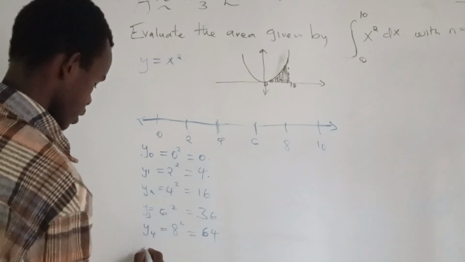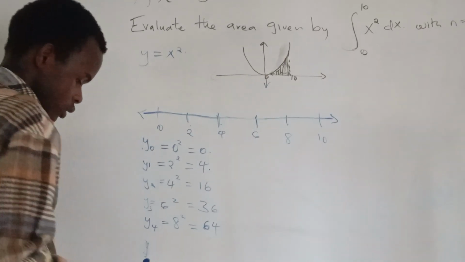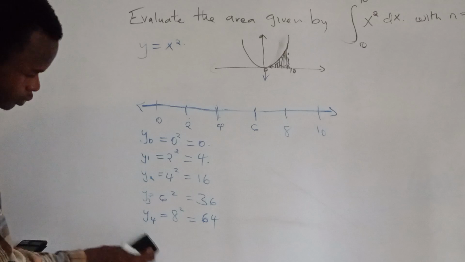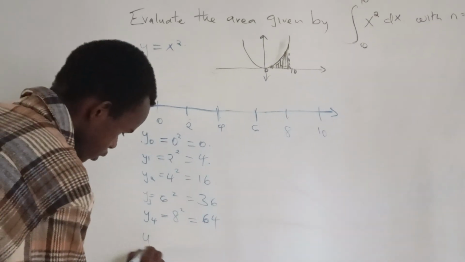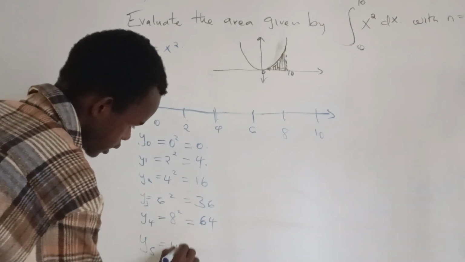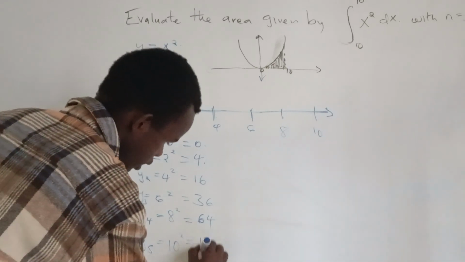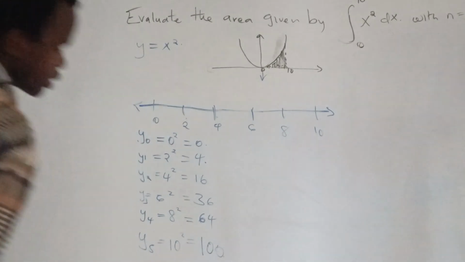Y5 is 10 squared, equals 100. So these are the values of y.